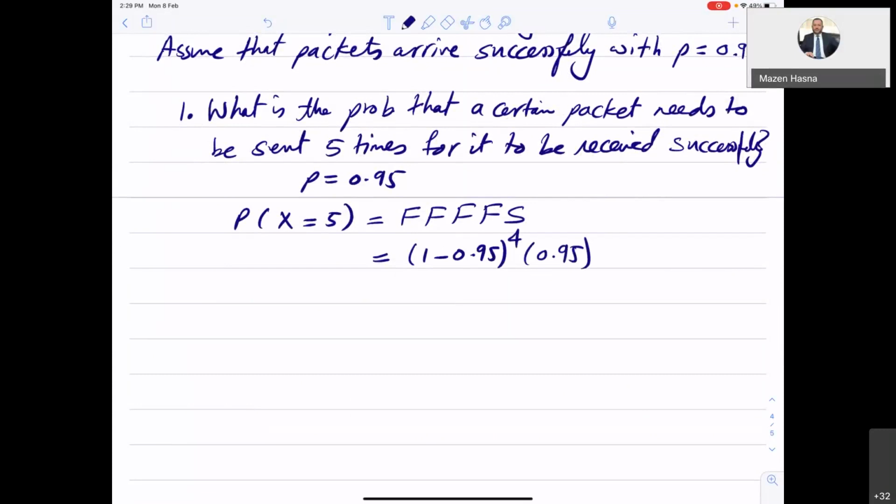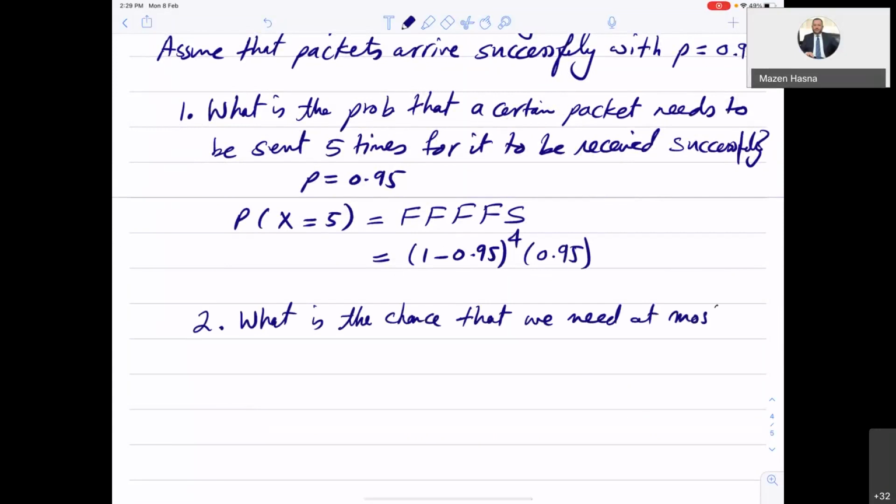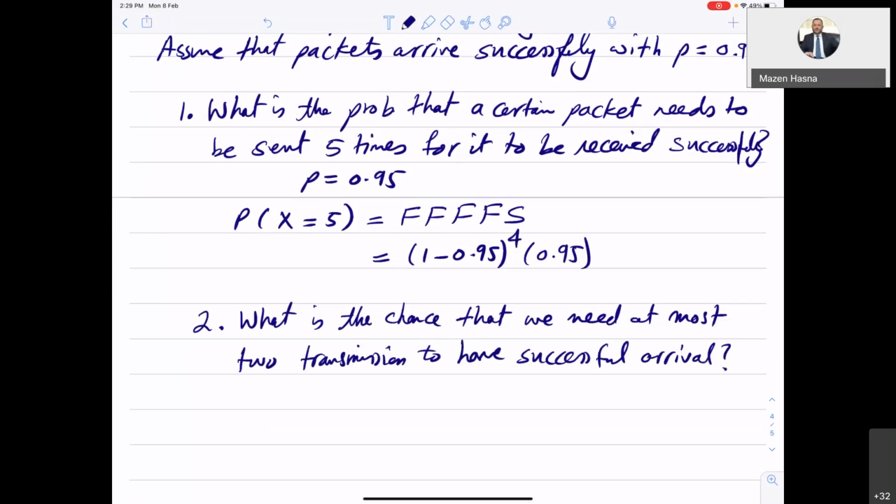I also can ask, what is the chance that we need at most 2 transmissions to have a successful arrival? At most 2 means what?